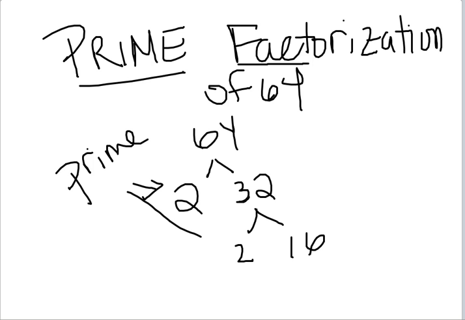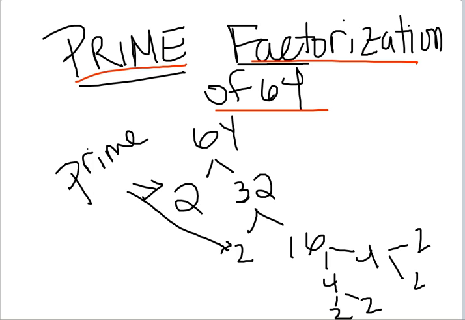So again, 2 is prime, so I'm going to stop with that side, but 16 I can break down to 4 times 4, and then each of those 4s I can break down to 2 times 2. Okay, so that's the factor tree we get.